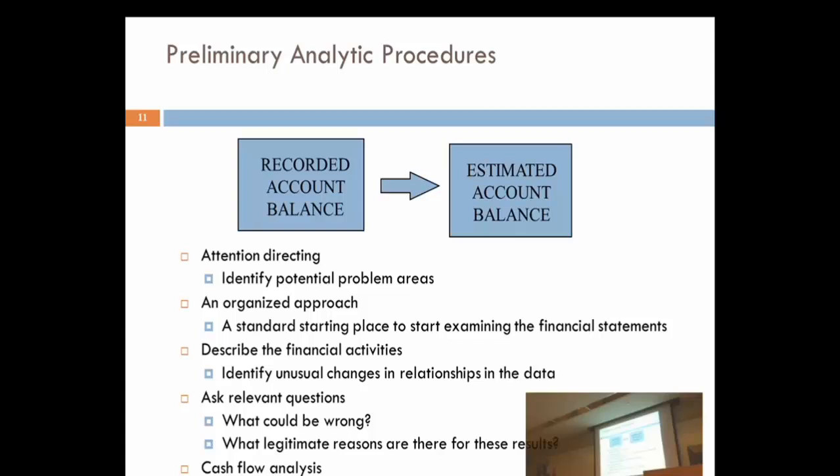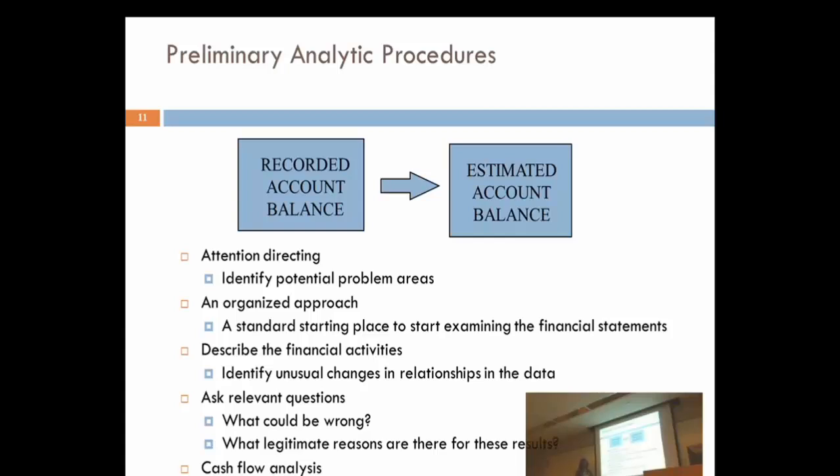This too is also a part of the first part of your case. You're going to have to look at the financial statements and perform some analytical procedures. Attention directed. It also provides a way for you, the auditor, to think about a starting place in terms of the financial statements. Where to start. Help them identify risk.